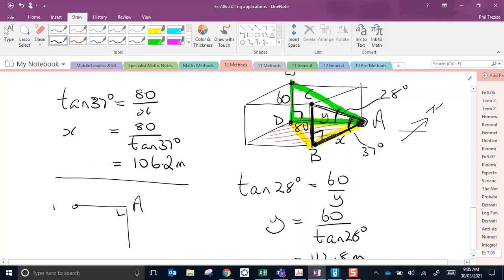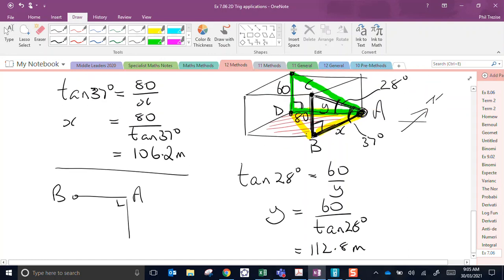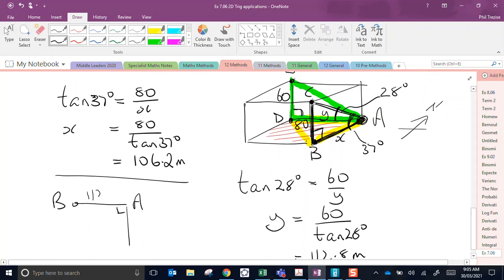Due west of that is point D at a distance of 112.8. And due south of point A is point B, and that was the distance of 106.2. And we're supposed to find this distance. Let's call this distance Z.